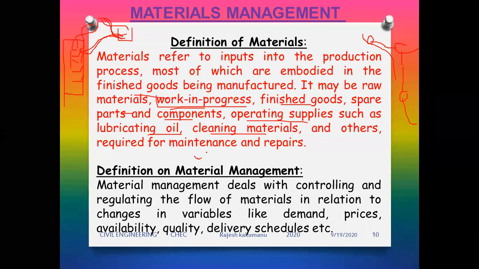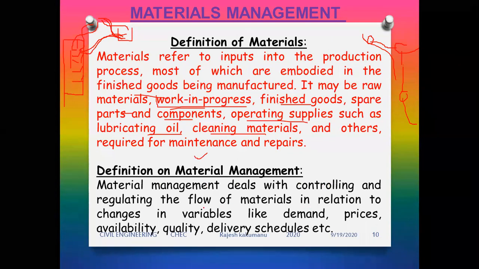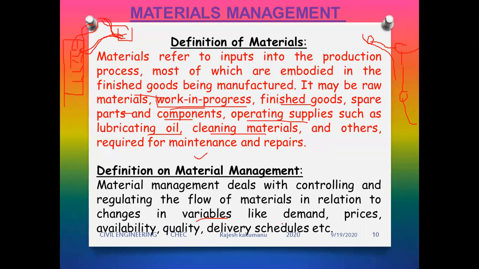Now what is the definition of materials management? Deals with the controlling and regulating the flow of materials in relation to the changes in the variables like demand, prices, availability, quality, delivery, and delivery schedules, etc. So what it is saying here? First, above, we studied the definition of materials.